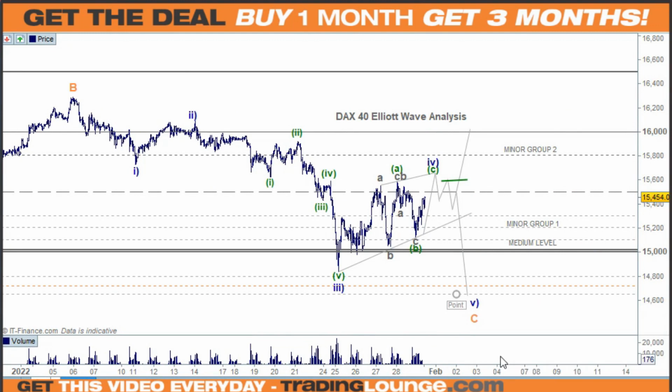In a nutshell, we can look at this move over here. If we do push up higher, then we would have to look at this as a wave Y here with a wave 4 here. That's the only other way that it could play out at this particular point. But I'm not going to go there yet unless we get this level here, the 15,500 as the support at this point.